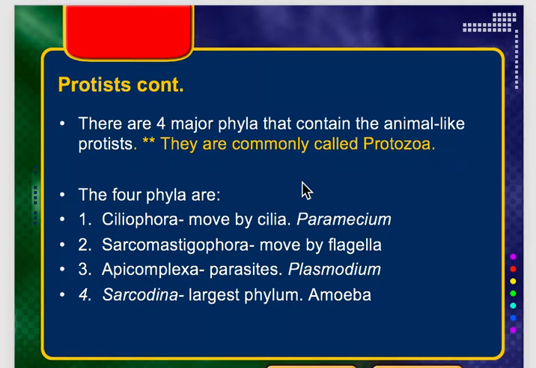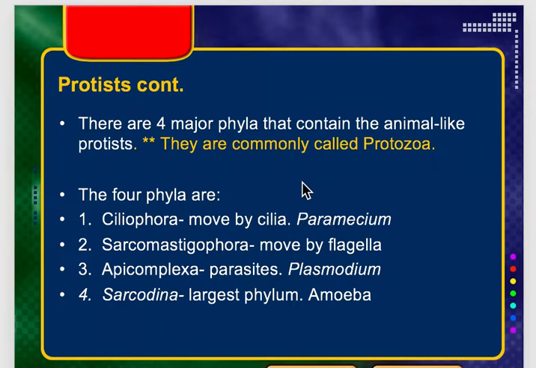This is the largest of your phylum, and this was not on your previous slide, but Sarcodina is your amoeba. And of course, not all amoeba are parasitic, but some are. So the parasitic amoeba that we talked about was Entamoeba histolytica, and it falls into the phyla Sarcodina. They're commonly known as the sarcodines.